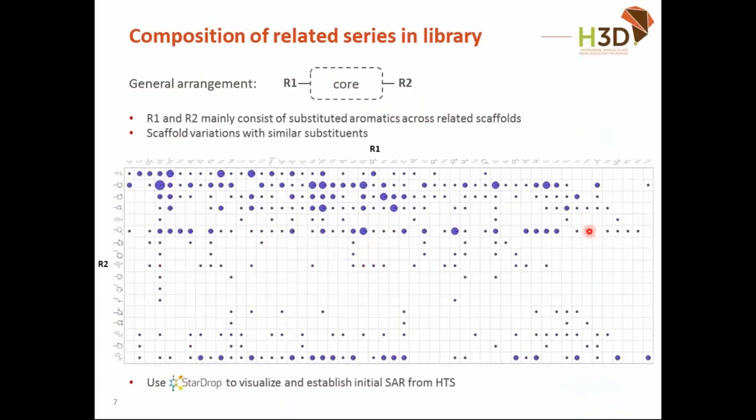One thing that we can also do is, if we have series that are similar structurally, we can have a look at which substituents have been used to constitute the library, and see where we may not have some substituents, like the spaces that have been used and not used, to design further targets later.